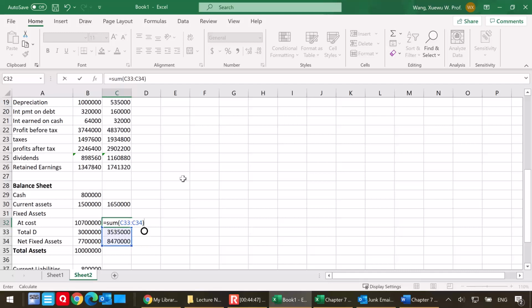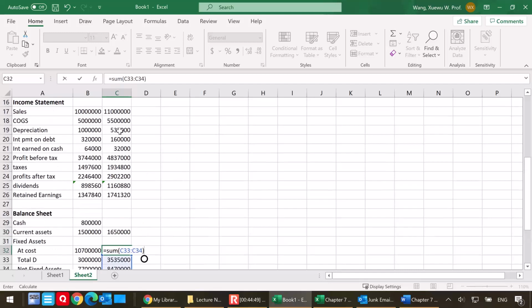Earlier, when we had the depreciation number for 2005, that depreciation was the 10% depreciation rate times the average fixed assets at cost. There was no number in this particular cell, and now I'm putting this number back. If I press enter, Excel is going to finish one round of iteration and update the numbers about depreciation.